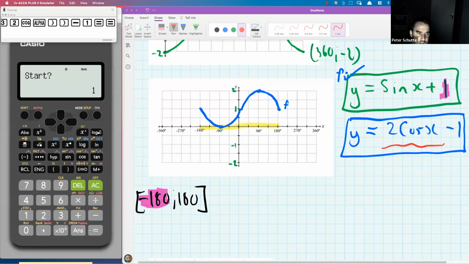Then I've got equals minus 180 plus 180, step size still 90. And I get something like that. I'll give you some time to see if you get the same thing.